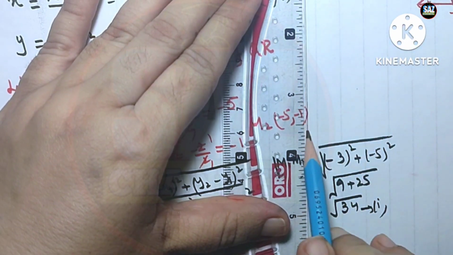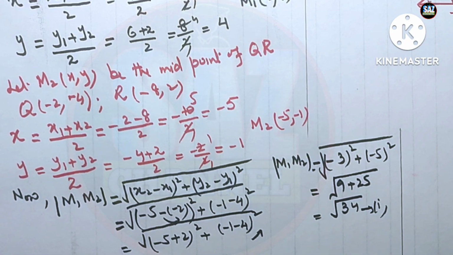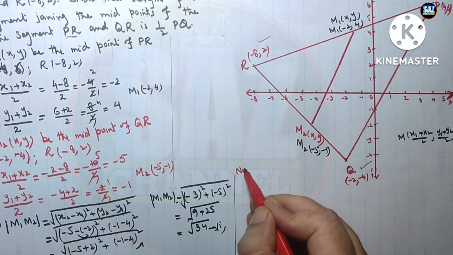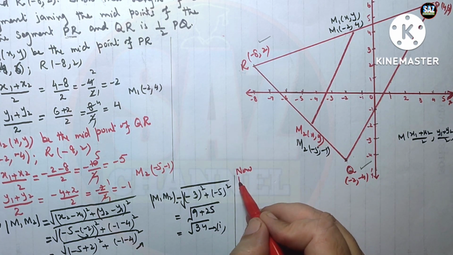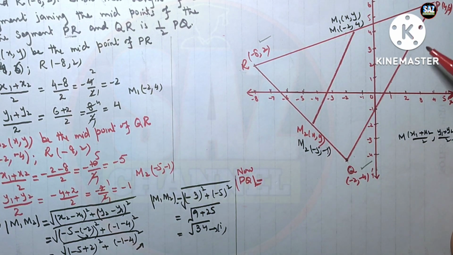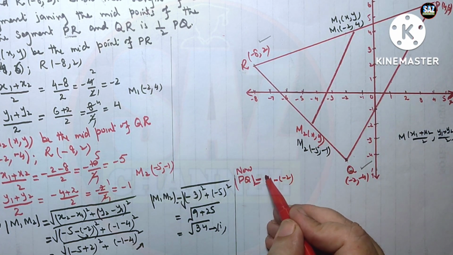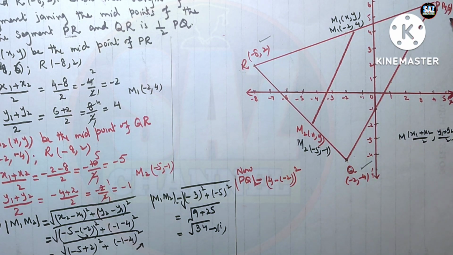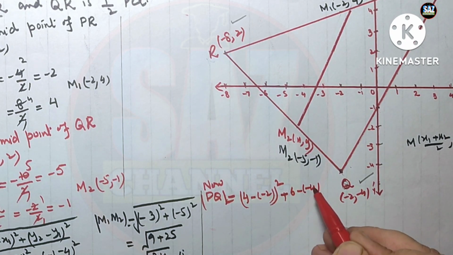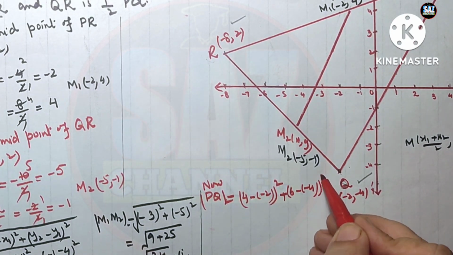So let me make space here. PQ length will be now, PQ distance will be equal to the square root of (x2 minus x1) whole square, (4 minus 2) square plus (6 minus 4) square, okay, and keep the bracket.